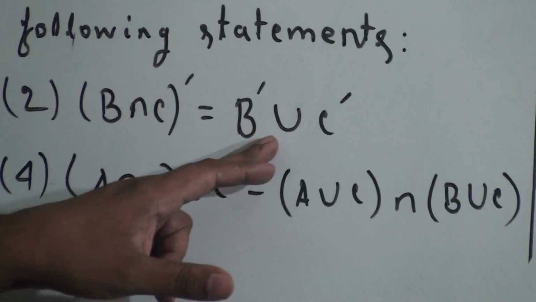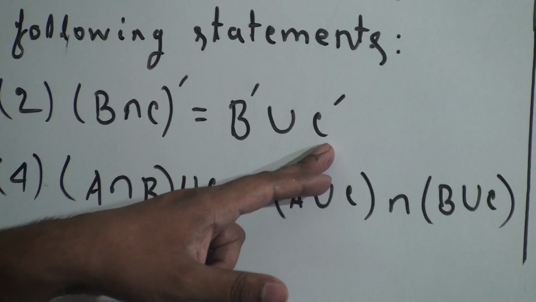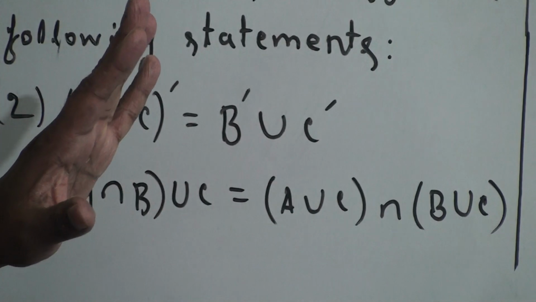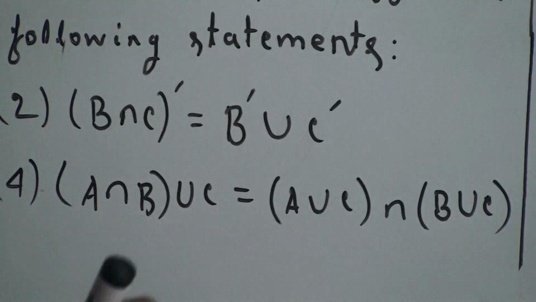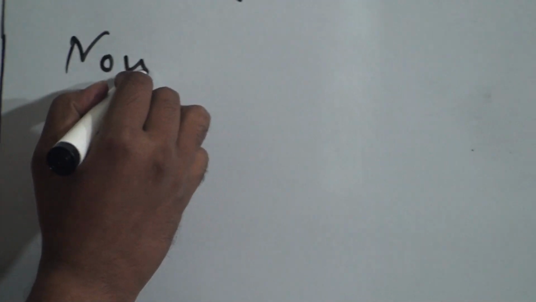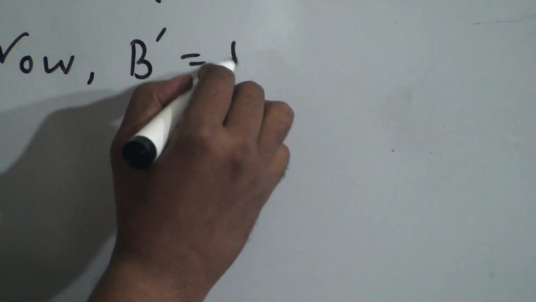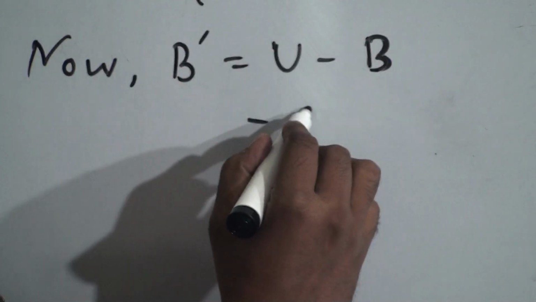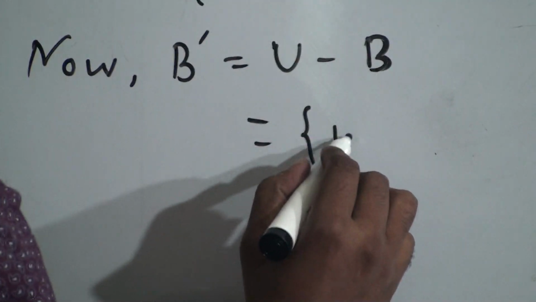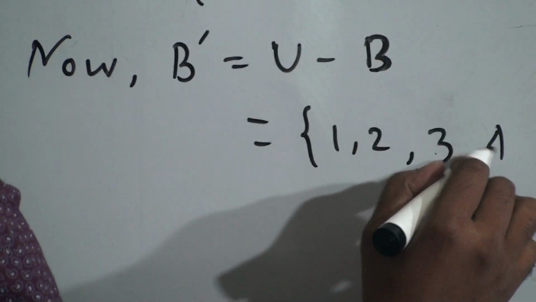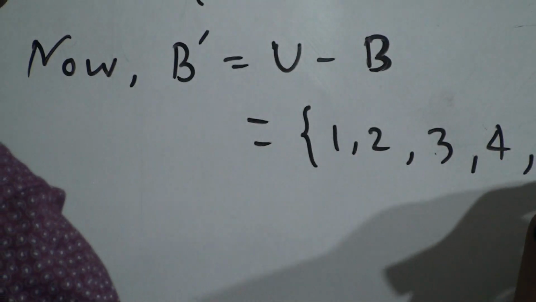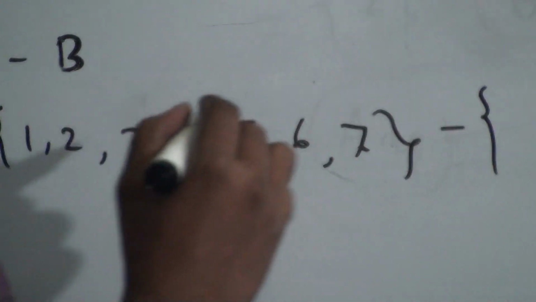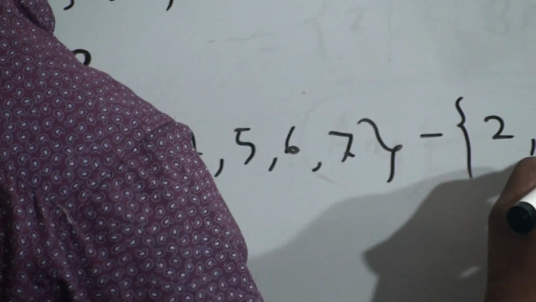Here right hand side is B prime union C prime. At first you have to find out the value of B prime, then the value of C prime, then we can find out the value of B prime union C prime. Now B prime is equal to U minus B, and this is equal to 1, 2, 3, 4, 5, 6 and 7 minus the value of B, 2, 4 and 6.